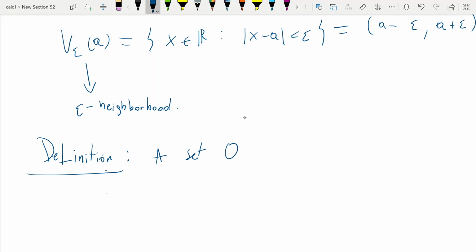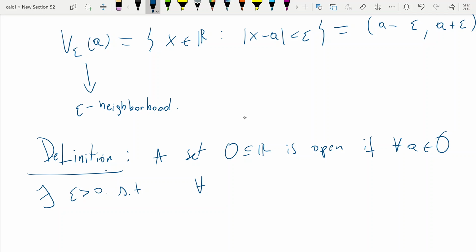A set O, a subset of R, is open if for all a in O there exists epsilon greater than 0 such that the epsilon neighborhood of a is completely contained in this open set.